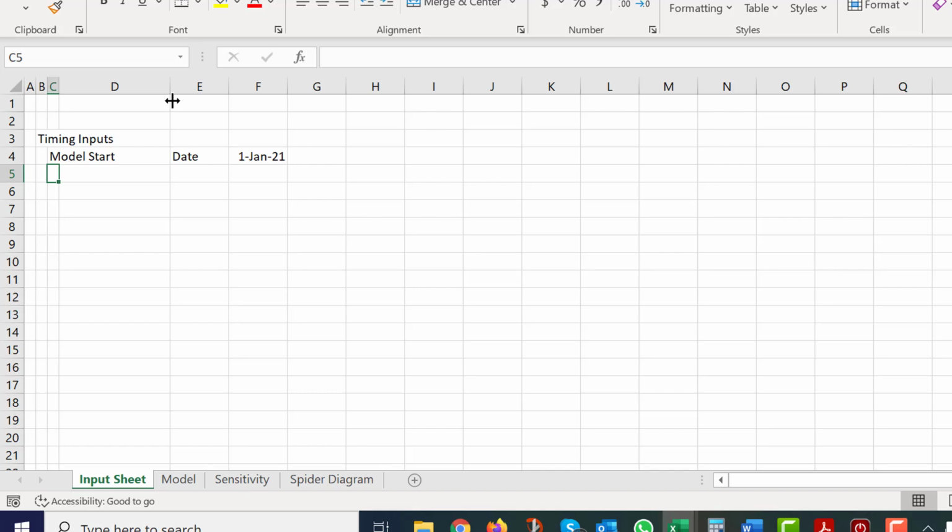And let's put the months in model. Getting the timing right is absolutely essential in any model. That's what I want to emphasize.